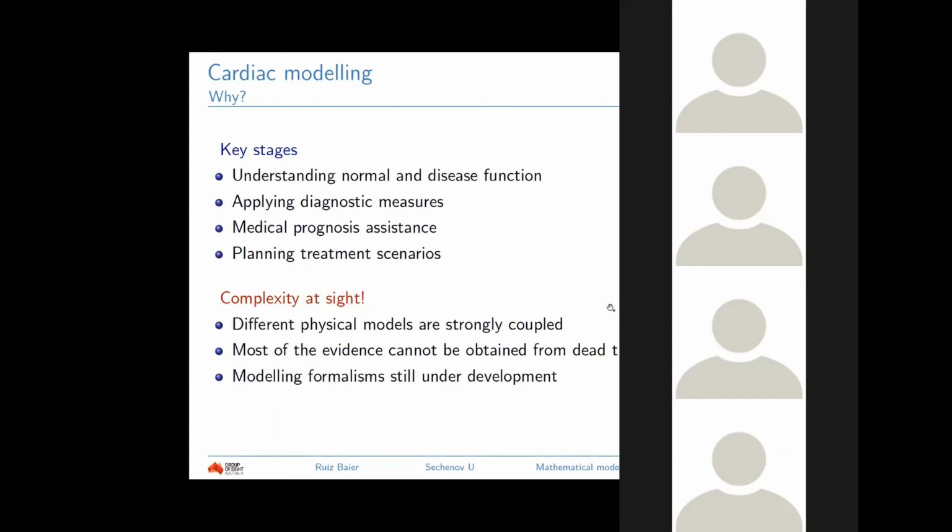Many of these processes occur because we are in a living body, because we have life in the cells themselves. So even the ways that we describe equations for this are still under development. There's still a lot of things to understand, a lot of things to do, and that's also one of the main messages here.